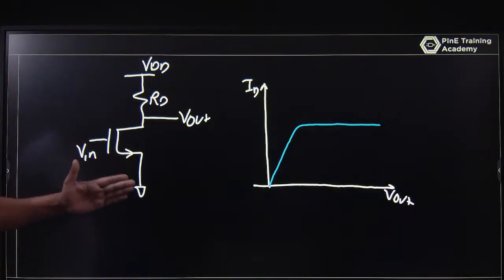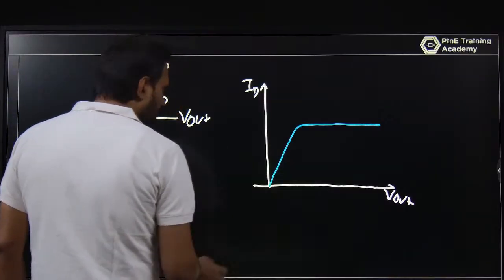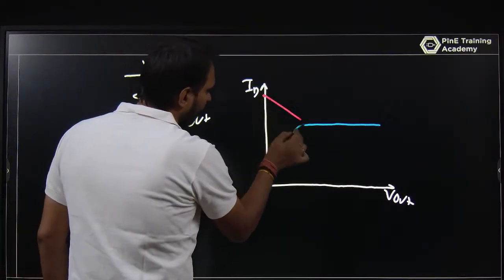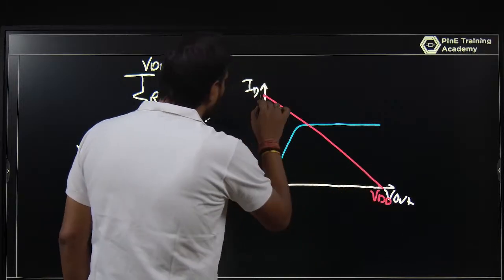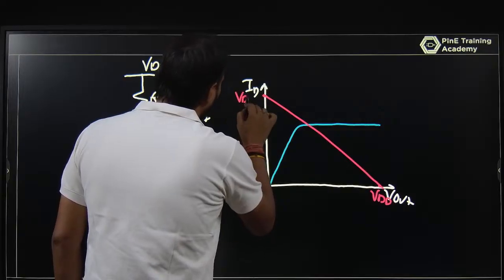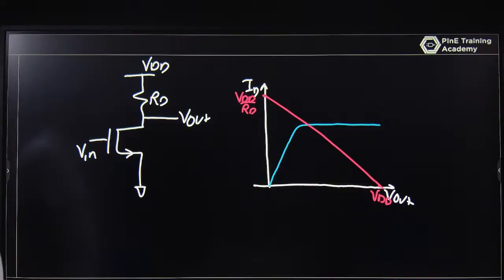If lambda is not 0, it will show some slope due to channel length modulation. Let me assume lambda is 0, so R naught is infinite and GDS is 0. Due to the resistive load, it will look like this: at VDD the current is 0, and the maximum current is VDD by RD when V out is 0.